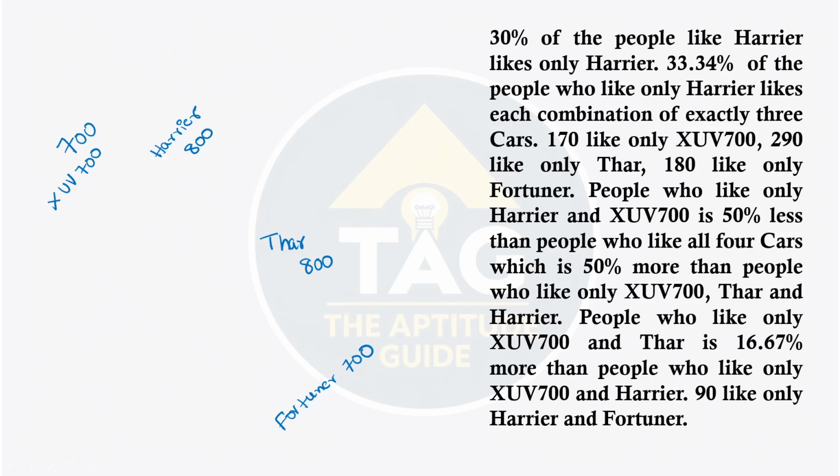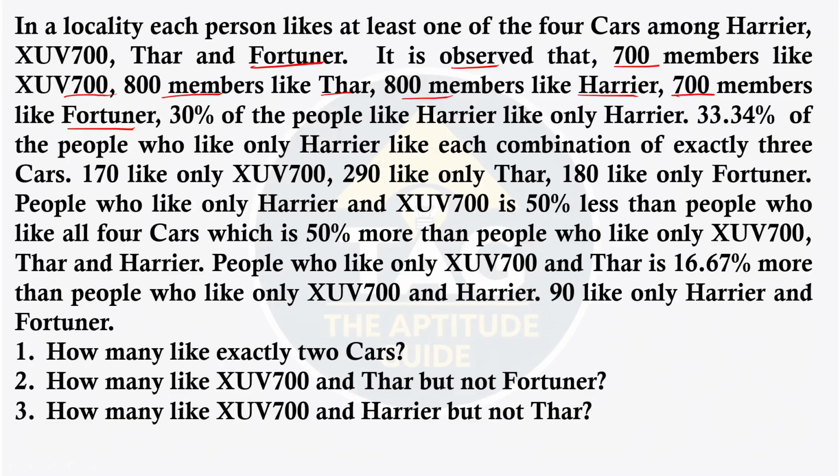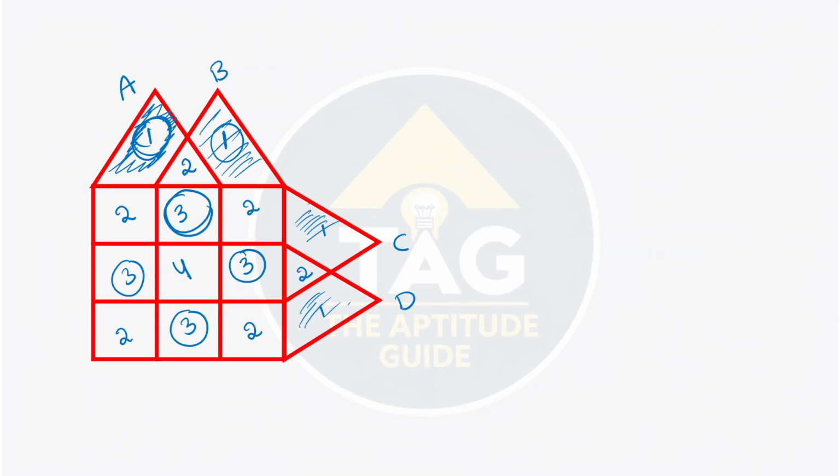Let us cross check it again. XUV 700 is 700 and Fortuner is 700. The remaining two are 800.